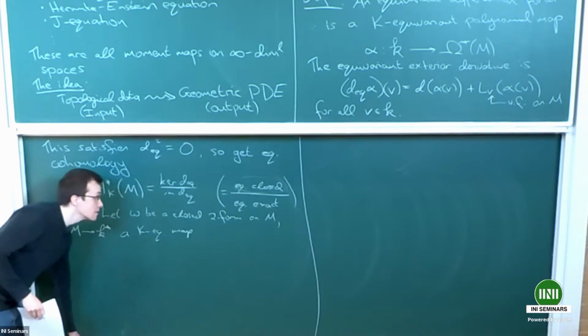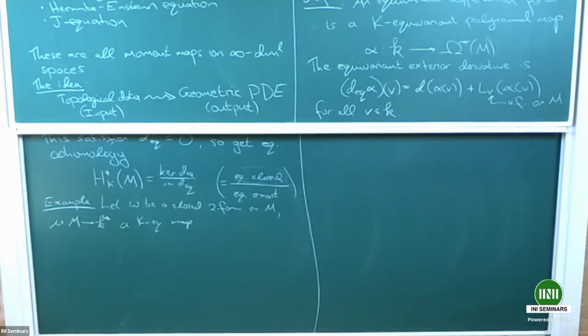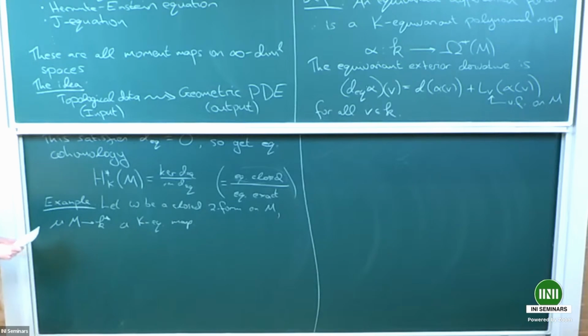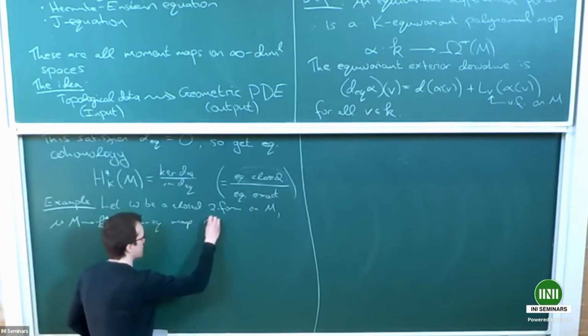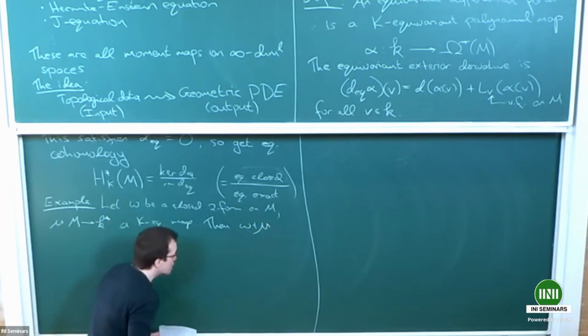And these things on their own are already equivariant differential forms. I can add them together to get a new equivariant differential form, omega plus mu.